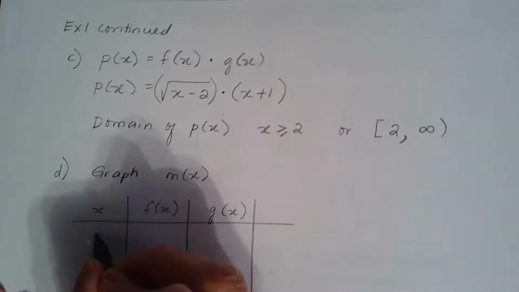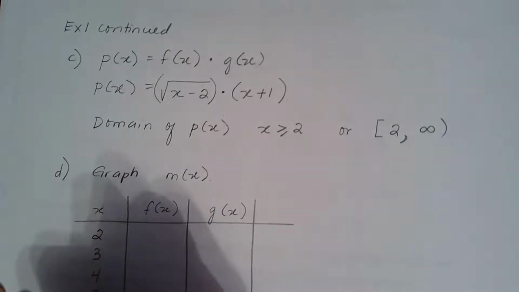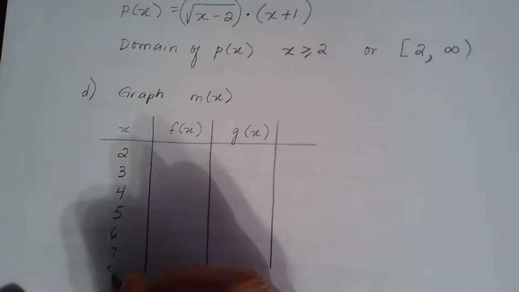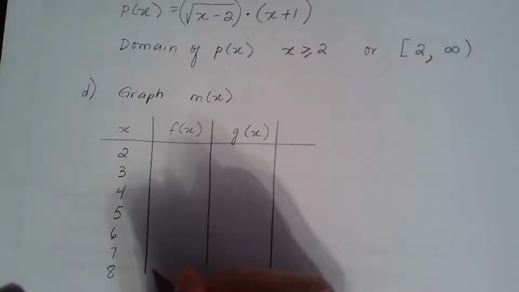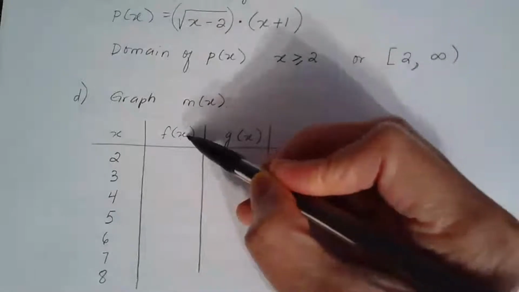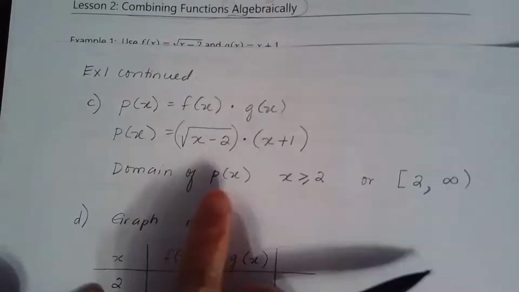So I'm going to start with 2, 3, 4, 5, 6, 7, 8. Okay. I'll just stop at 8. Now, what about f of x? So f of 2. How do we figure out f of 2? It's going to be square root of x minus 2.